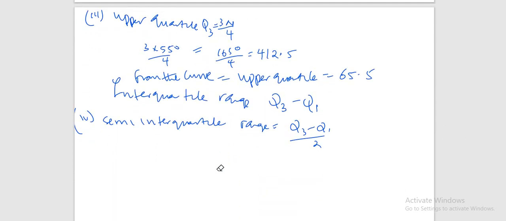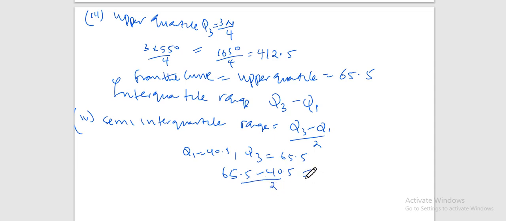Our Q1 is 40.5, while our Q3 is 65.5. So Q3 minus Q1 is 65.5 minus 40.5, divided by 2.